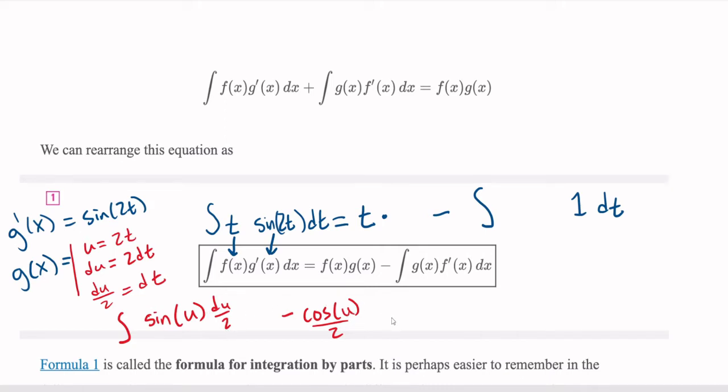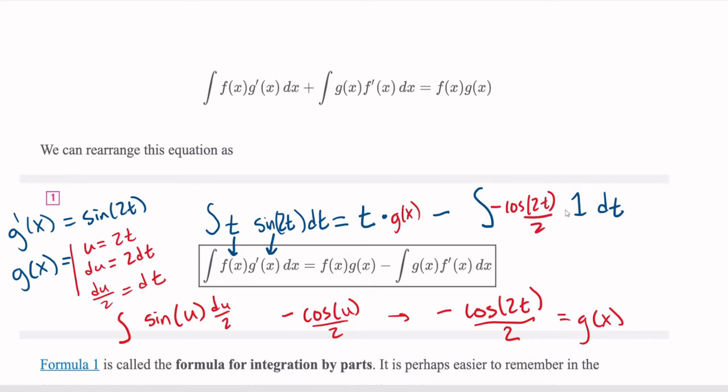We have to go back to t's, which gives me negative cosine 2t over 2. So that's going to be our g of x. So this just gets plugged into our formula here and then in here. I ran out of room. That's why I'm writing g of x there. So negative cosine 2t over 2.